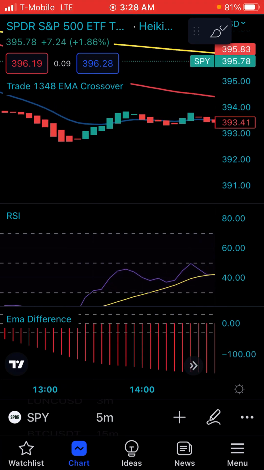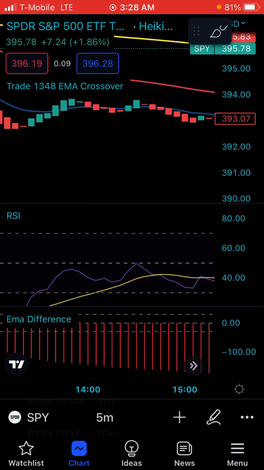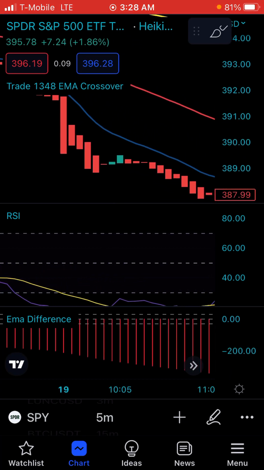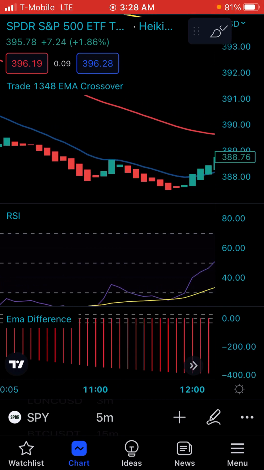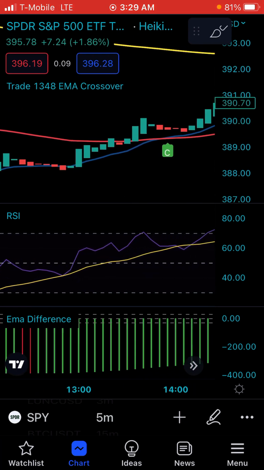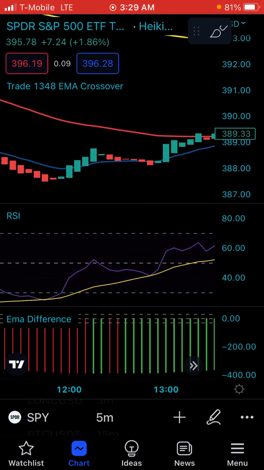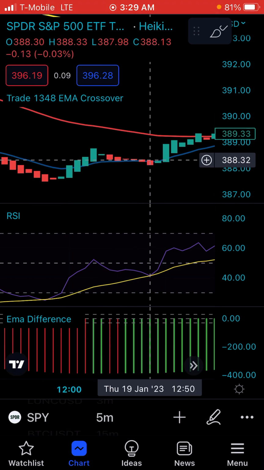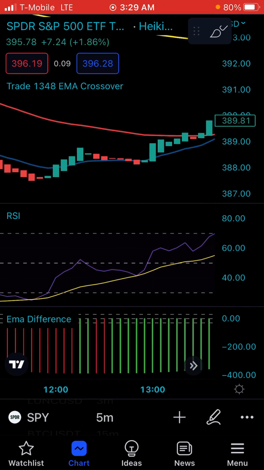So this helps you see that it's still going to continue to go down. When the EMA difference changes to green, you know that it's going to be shifting directions. It's not 100% accurate.